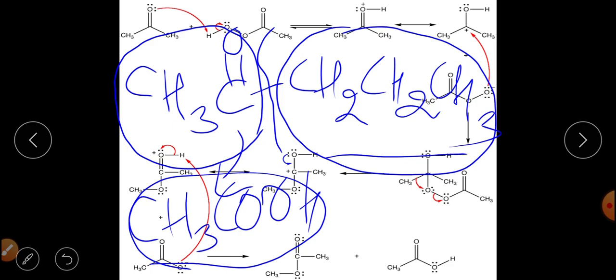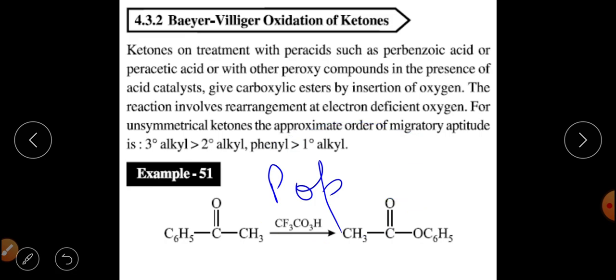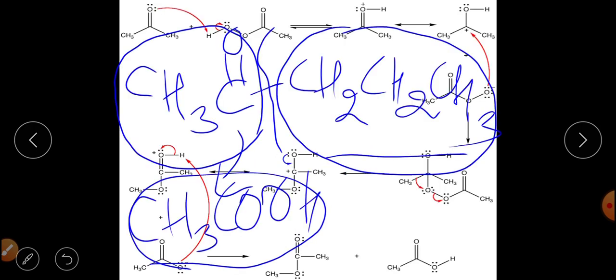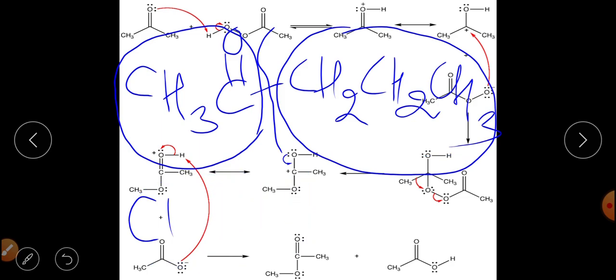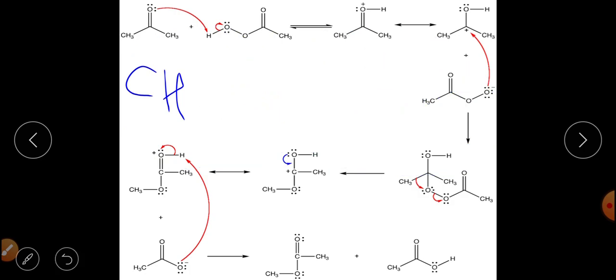If we talk about the mechanism, generally the mechanism starts with the formation of the enol. Which enol will be synthesized depends upon the stability of the enol, right? For example, in this slide we can see that enol can be synthesized. I will show you what kind of enol can be synthesized from this one.